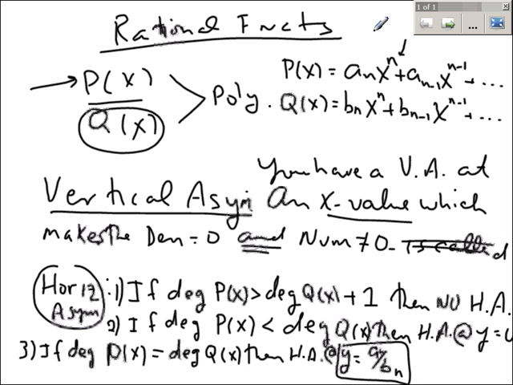That is, when the highest powers are the same, just divide the two numbers in front of those highest powers. So the horizontal asymptote is y equals a sub n divided by b sub n.